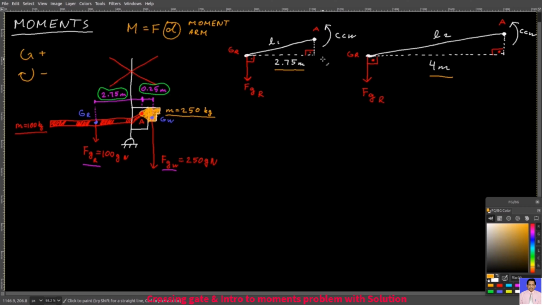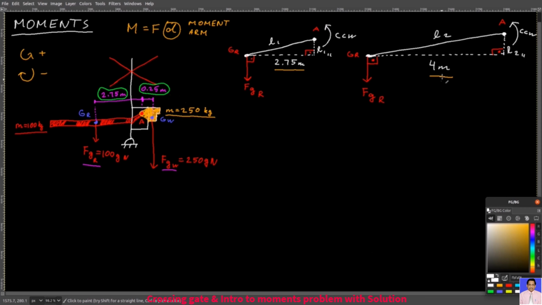However, we should not consider that length to calculate the moment about point A, because it has a component that is parallel to the force FGR. Let's call this one L1 parallel and this one L2 parallel.